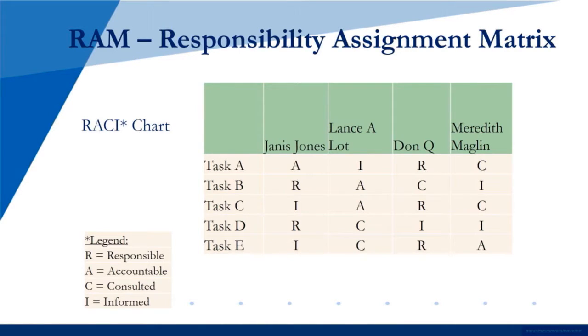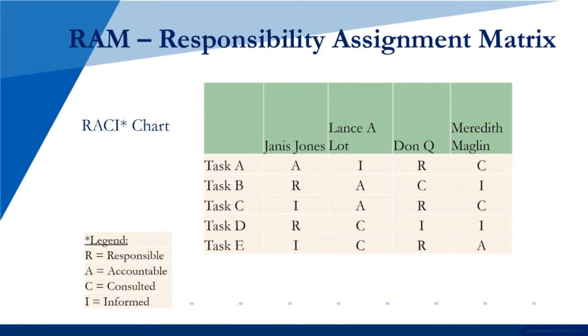It allows us to say, if I have a task, who can I assign? Who best fits it? And these slots here with Janice and Lance and Don and Meredith, all of those can be filled with potential responsibility holders, their talent level, their abilities.